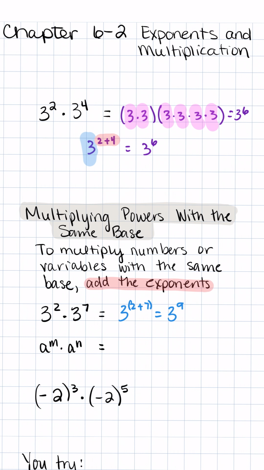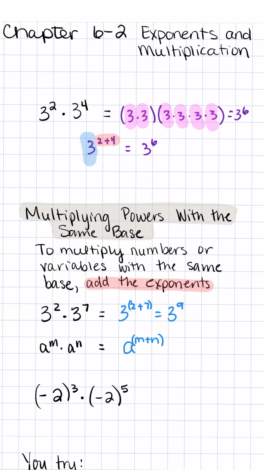If we're looking at it in algebraic terms, we have a to the m times a to the n equals a to the m plus n. You're going to see some on your homework that will look like this, so do be aware of that. This next one, you can also write the expression.